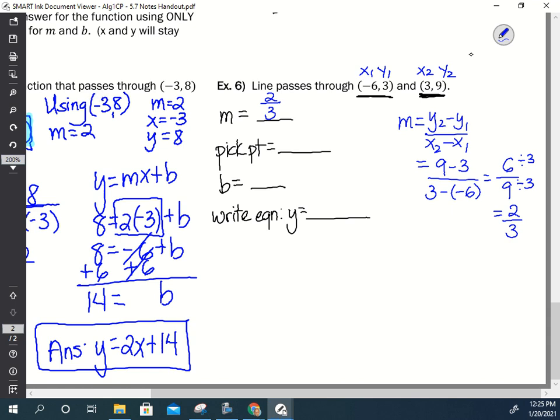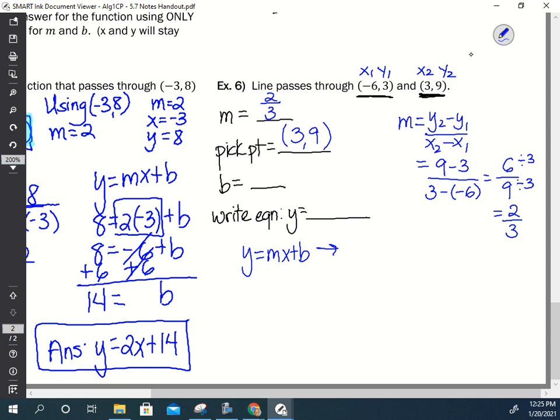So, let's pick a point. Tyra, which point did you use? Okay, cool. Let's use 3, 9. So y equals mx plus b.